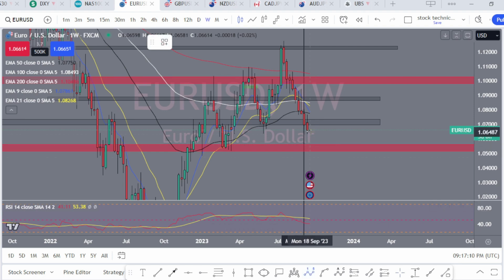One of them might be to open and come down. This is a monthly support that has been tested; it comes to it, tests it, then goes back to test the weekly resistance right here.